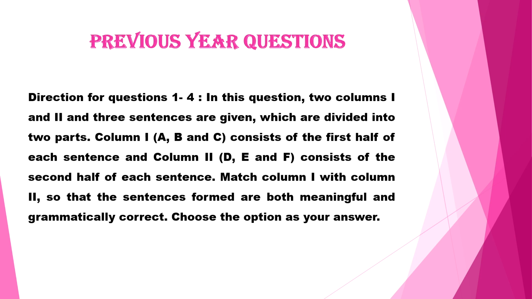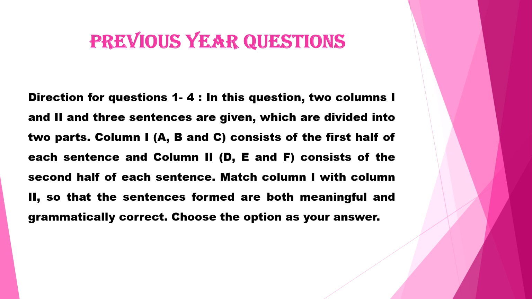Fine. Now, moving on, let us solve some previous year questions asked in various competitive examinations like IBPS PO, SBI PO and so on. So, here is the question given. It was asked in SBI PO. Let me first read out the instructions given. Directions for questions 1 to 4. In this question, 2 columns 1 and 2 and 3 sentences are given which are divided into 2 parts.